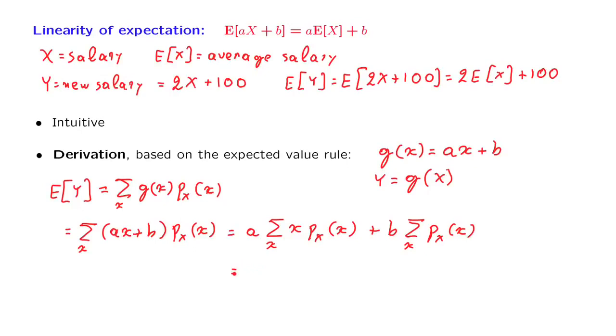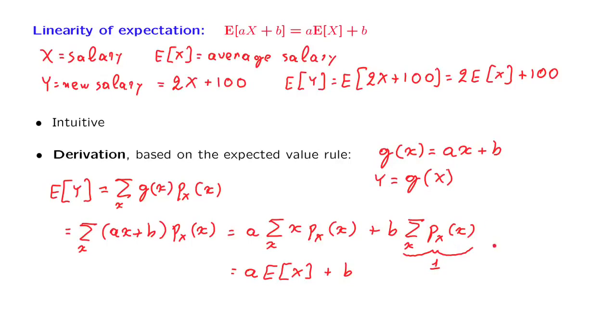Now, the first sum is a times the expected value of x. This is just the definition of the expected value. As for the second sum, this quantity is equal to 1 because it is the sum of the probabilities of all the different values of x. And this concludes the proof of the linearity of expected values.